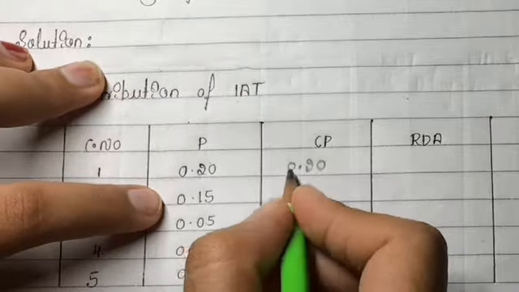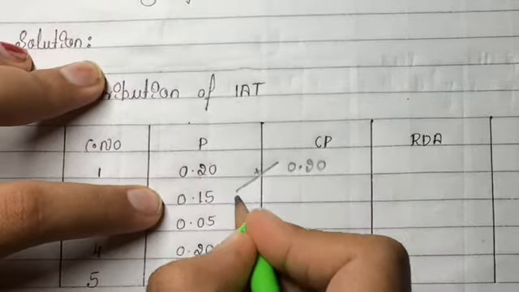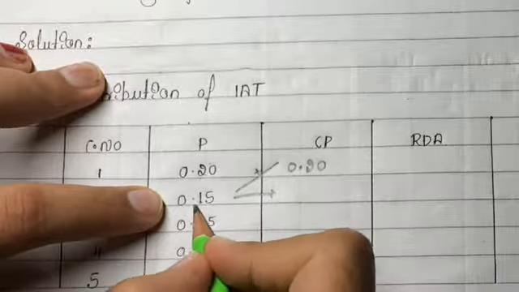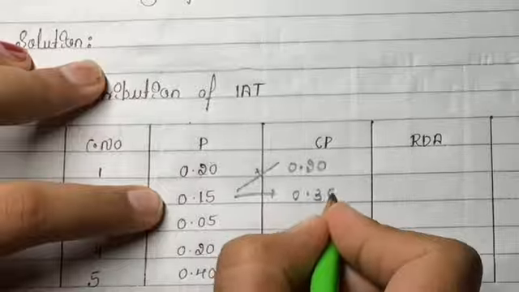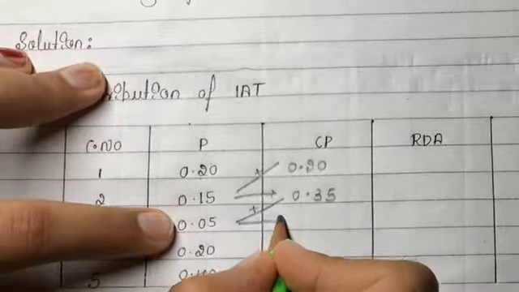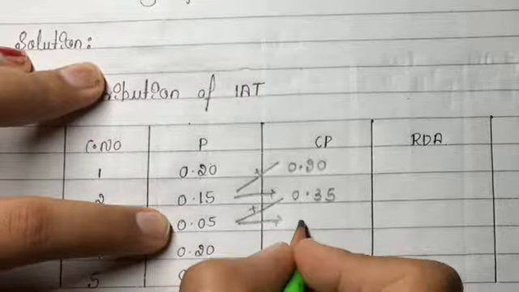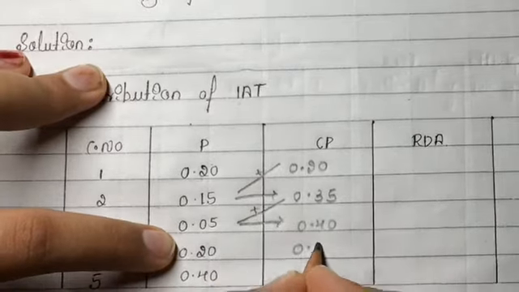Now for the second, just add these two values, 0.20 plus 0.15, and the value is 0.35. Now add 0.35 plus 0.05, that is 0.40. Now the value will be 0.60.